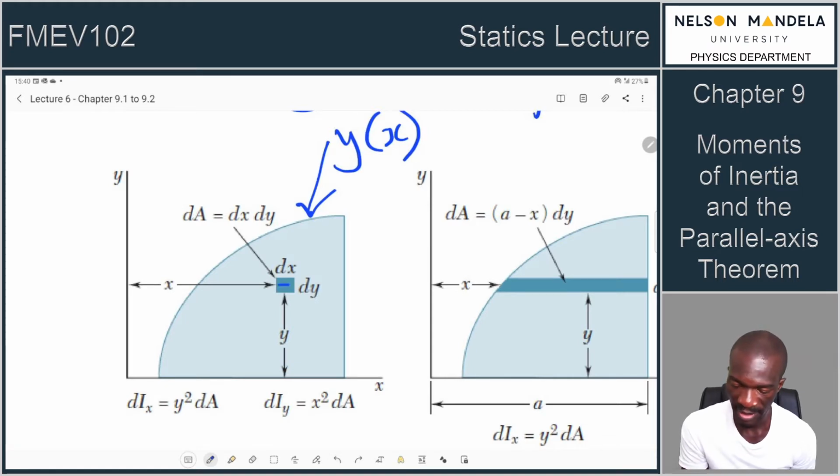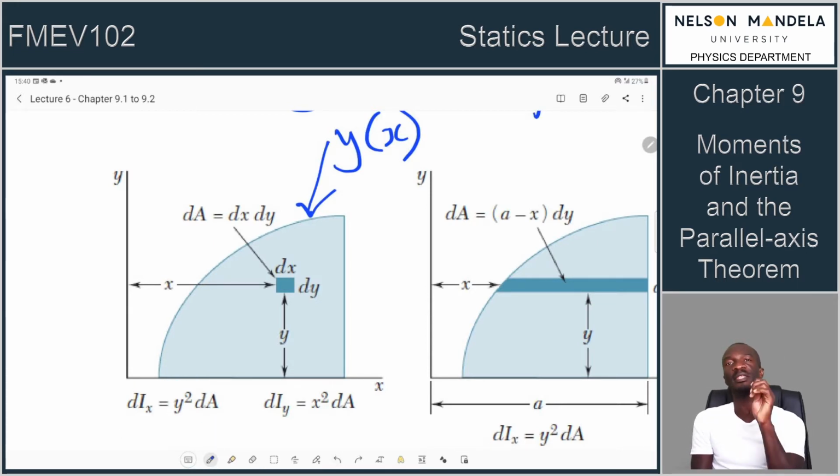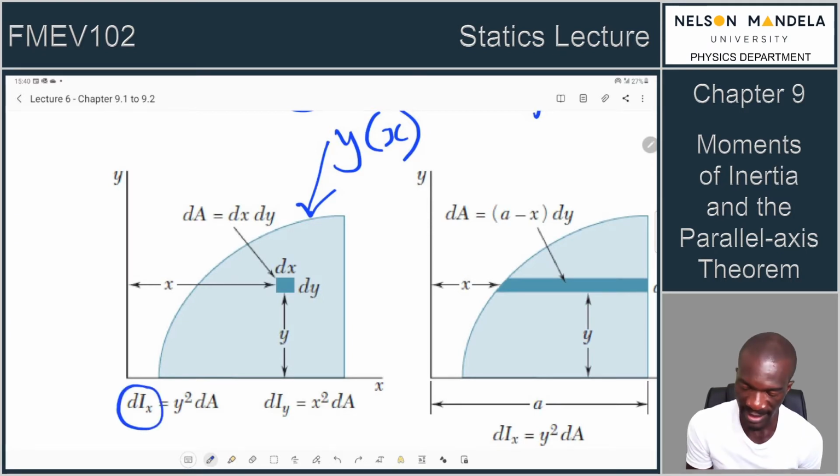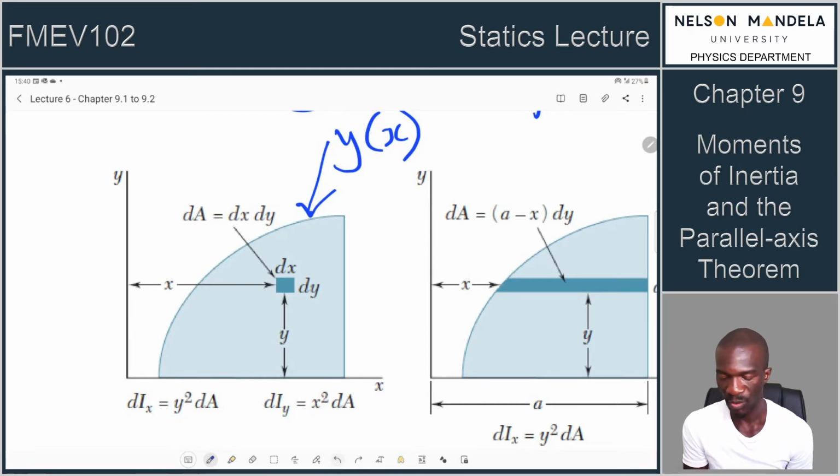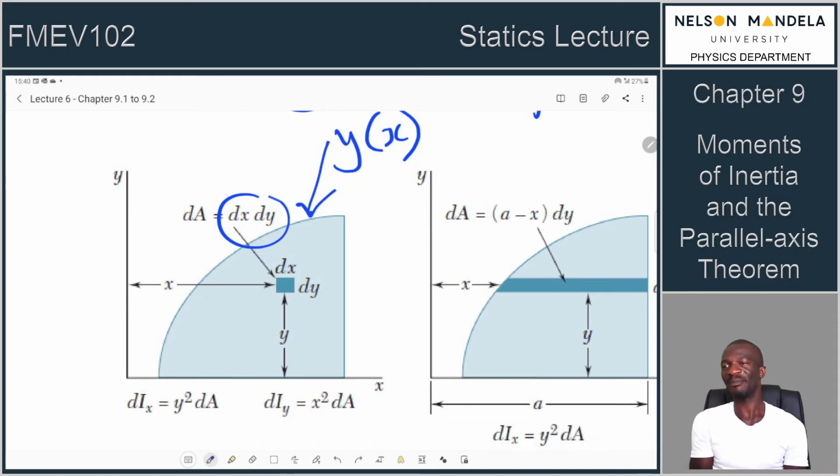Your y is simply the y variable. So in this case, you've got your definition of the small contribution of the moment of inertia about the x-axis. dI in the x, what is it? It's y squared dA. What about dI in the y? It's x squared dA. What is dA? It's dx dy. So your square element has solved your problems.